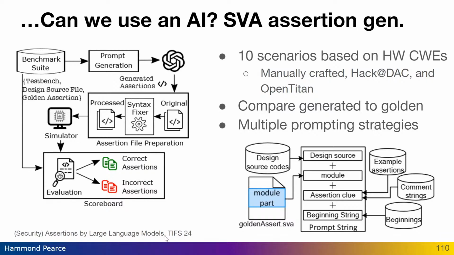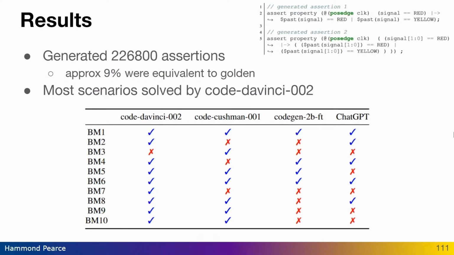Sort of worked. We generated 226,000 assertions, of which about 9% were useful. That does now raise the question of how do you know which 9% are useful? And so we're back to square one. But we did prove that the models could generate the assertions. So now it's just a question of how do you work out which ones are useful or not.